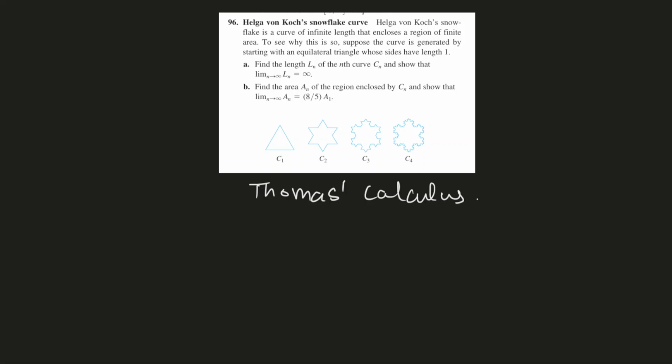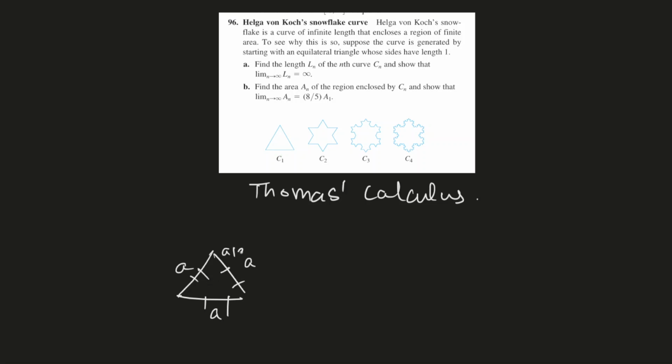So let's start with this. This question says that we're constructing a snowflake, taking some Cn, and Cn starts with the first C1, which is just a simple equilateral triangle with, let's say, a side length A. Then you construct a C2 where you break each side of this first equilateral triangle into three parts.